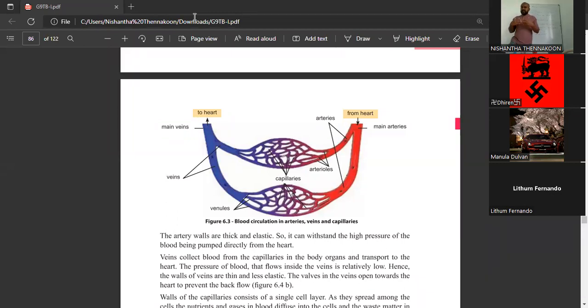Because of the breathing, they get some pressure, and also there are muscles lying next to them. Muscle movements will squeeze these blood vessels a bit so that blood flows to the next section, then the valves close, then blood flows to the next section. Like that only, blood flows through the veins.